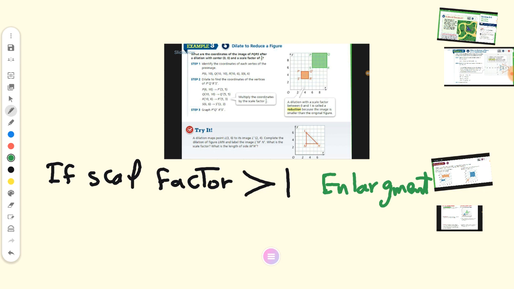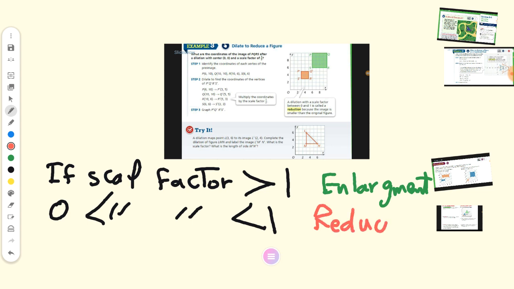And if the scale factor is between 0 and 1, it's called reduction. It's very important to know it. So if the scale factor is greater than 1, like the last example, it was 3, we make an enlargement, which makes the figure bigger. And if the scale is between 0 and 1, which is a fraction, it's called reduction, as in the following example.